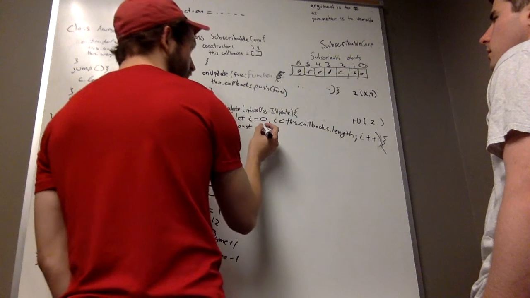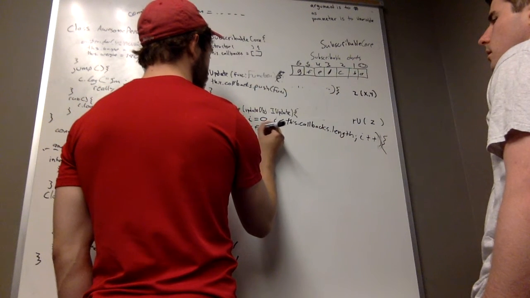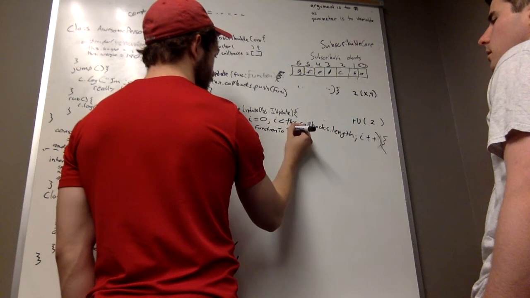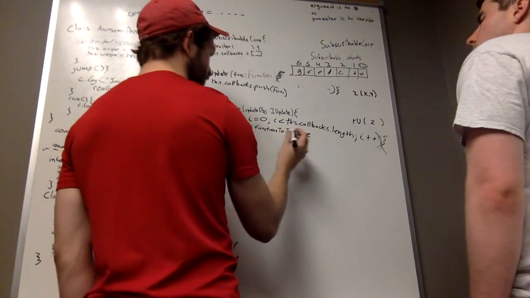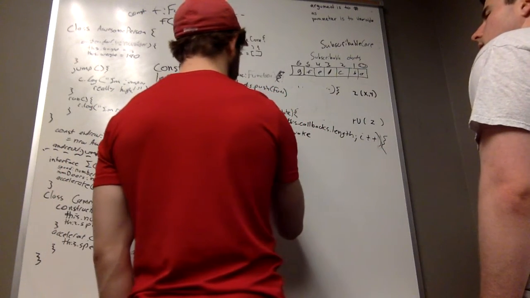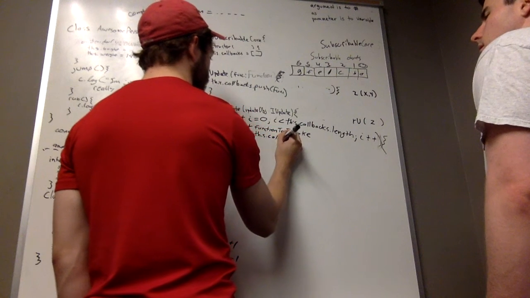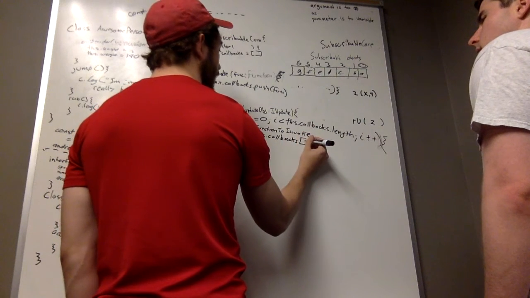Yeah. So we're going to say const function to invoke. Invoke is just a fancy word for run, or call. Const function to invoke is going to equal this dot callbacks, bracket i.